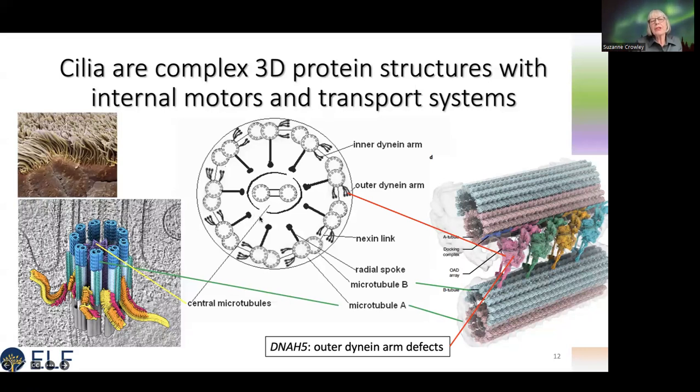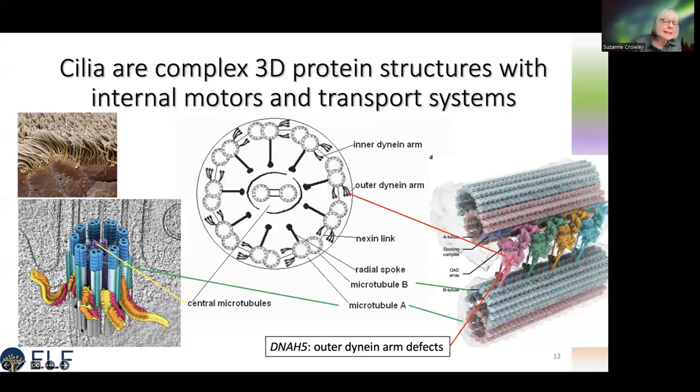Other mutations cause disruption of the whole internal structure of the cilium. It tends to fall together. And that occurs with mutations such as CCDC39 and 40, for example. And then I just had this sort of 3D structure of the cilium here. This is the same with the tubes around the outside, these central tubes in the middle.